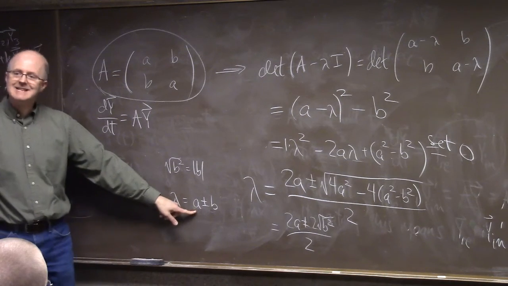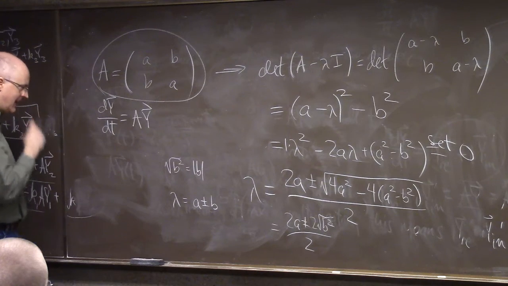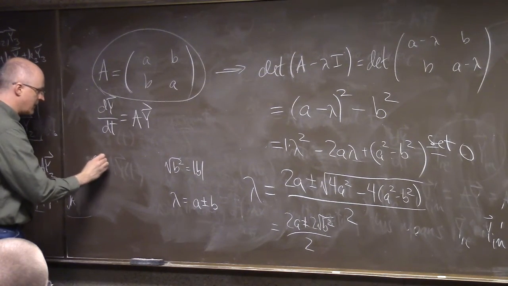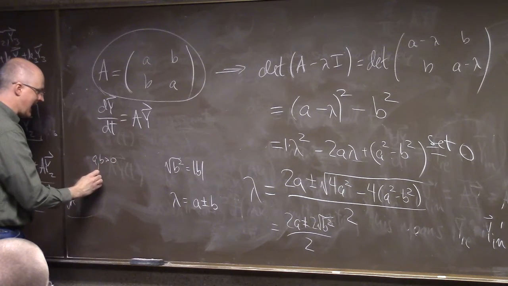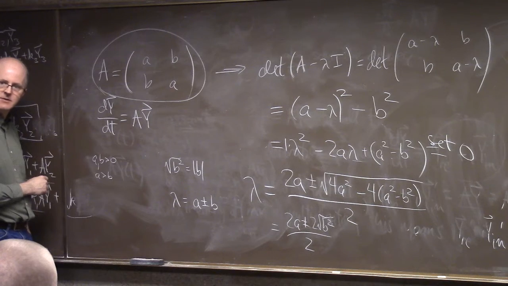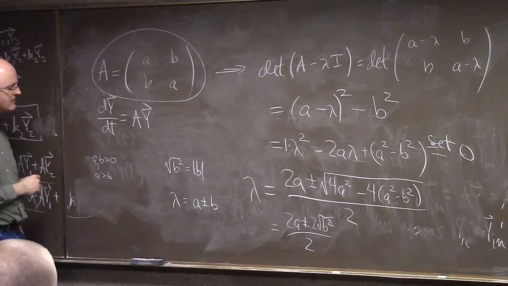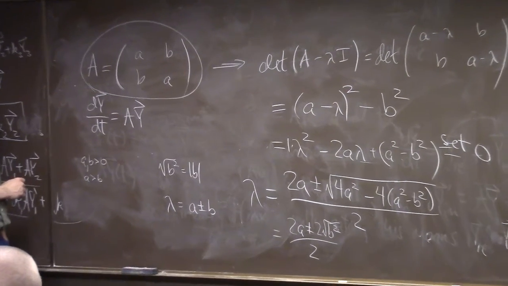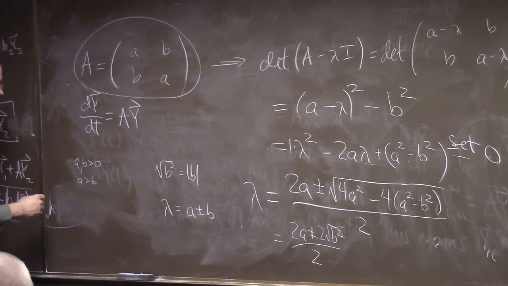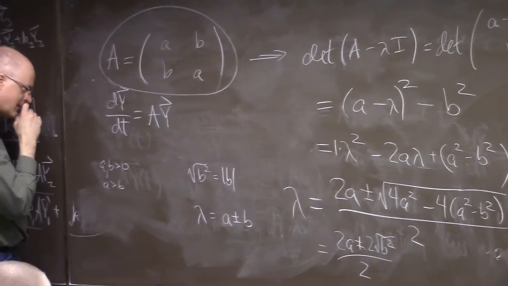They'll both be positive, meaning this will give you a source if and only if a and b are both positive and a is greater than b, so that a minus b is greater than 0. If they're both positive, well, let's see here.